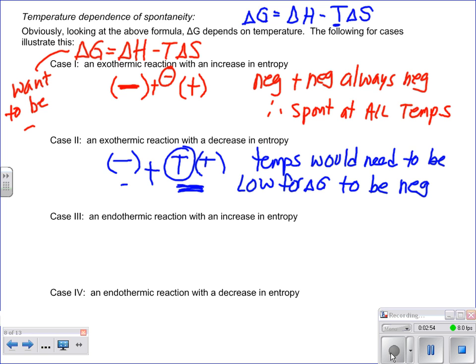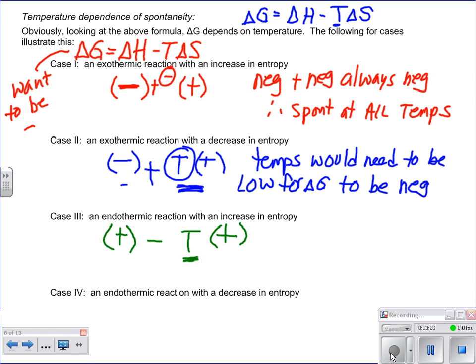Next one, we see that we have an endothermic reaction, and in our endothermic reaction, that means you've got a positive value. You're subtracting your T, and it's an increase in entropy, so you're subtracting a positive value over here. So in this case, you have a positive minus a positive.